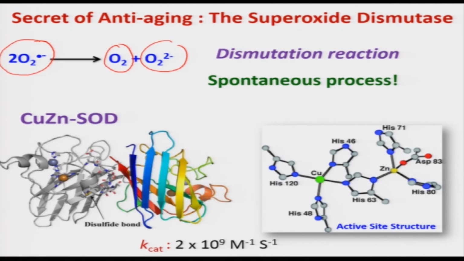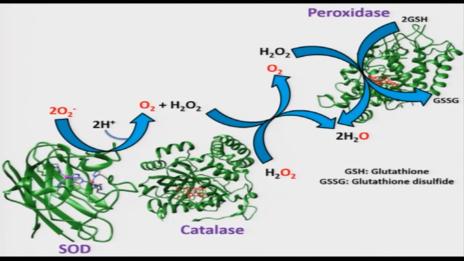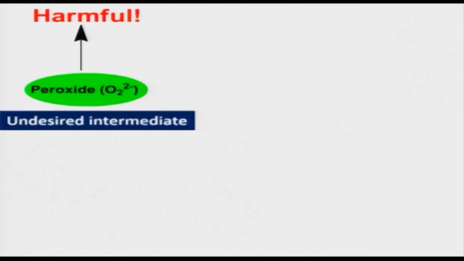Nature thereby designed other enzymes like catalase and peroxidase, which take care of these peroxides and convert them to something very useful, oxygen and other products which are useful for our day to day life.